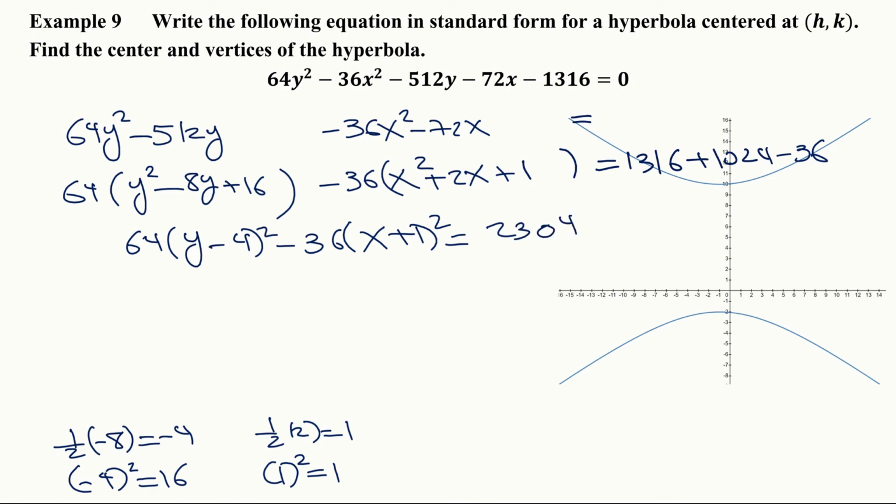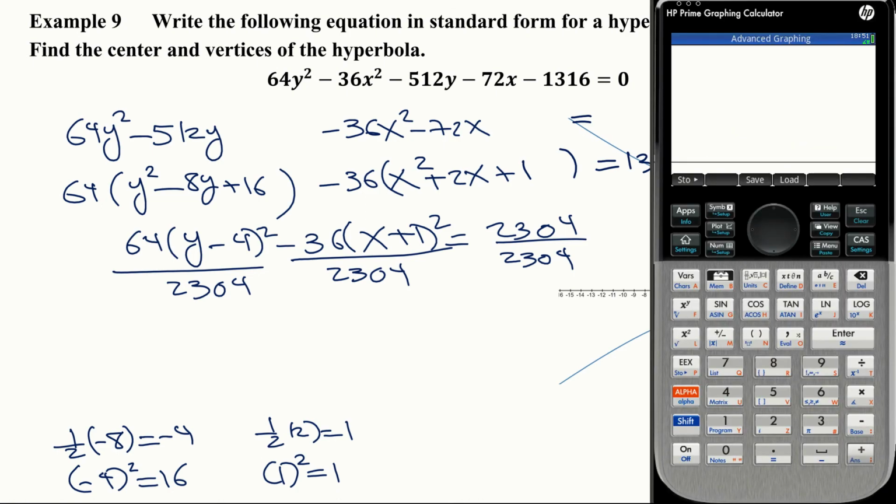All right, so now we need to go ahead and get a 1 on this side, so we're going to divide both sides by 2304. Splits up on the left side, so each of those is going to get divided by 2304. All right, so we see if 2304 is divisible by 64.